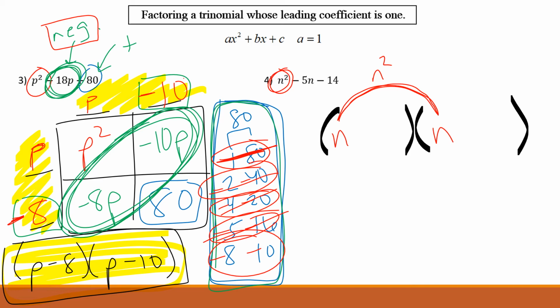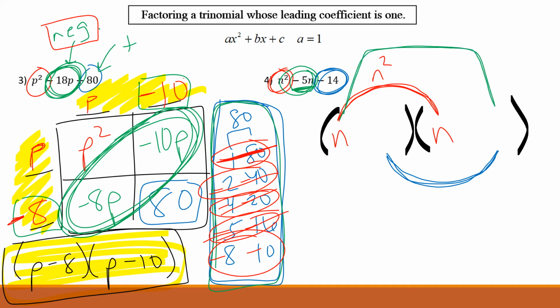The last parts of each parenthesis, when you multiply those together, have to give negative 14. And then the middle term, negative 5n, comes from these two terms multiplied together and these two terms.